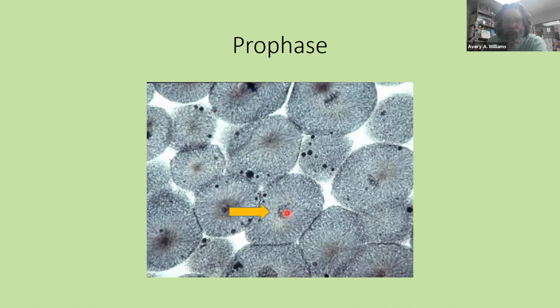I know it's right here in the center where the nucleus should be, but I recognize it as not being a nucleus because I don't see a nuclear envelope or a nuclear membrane. So if there's no nuclear membrane, of course, there's no nucleus. But in the area where the nucleus was, you got this kind of grainy looking material. It kind of looks like a hairball or something like a cat coughed up. And what that actually is, is the chromatin condensing into chromosomes.